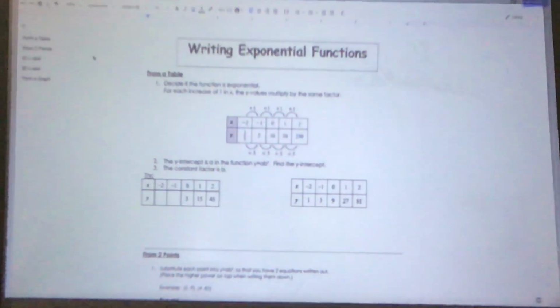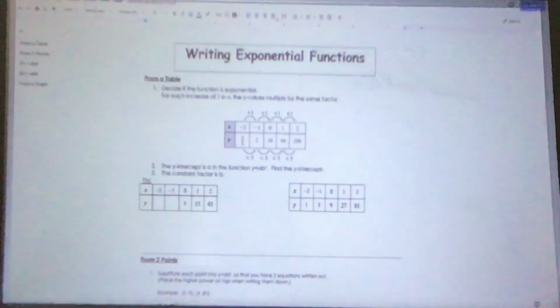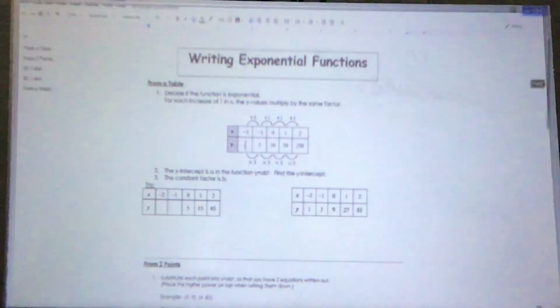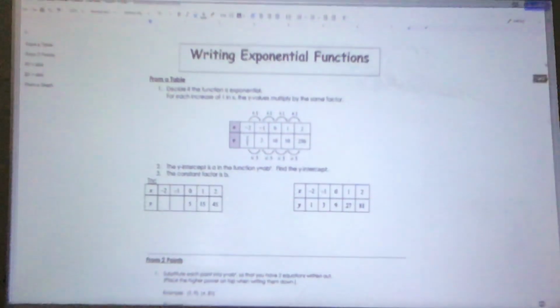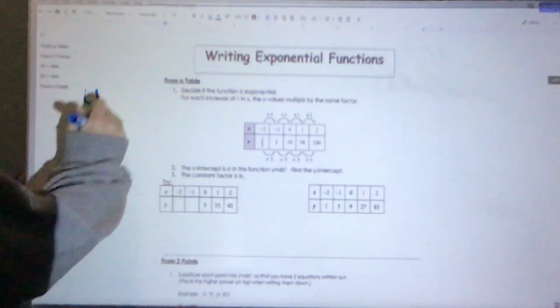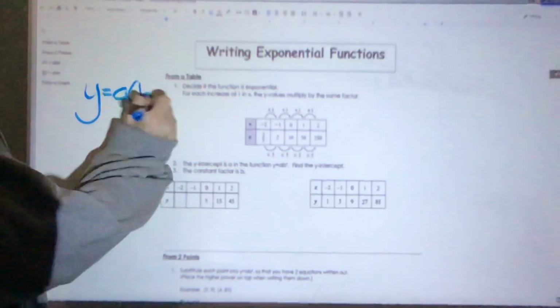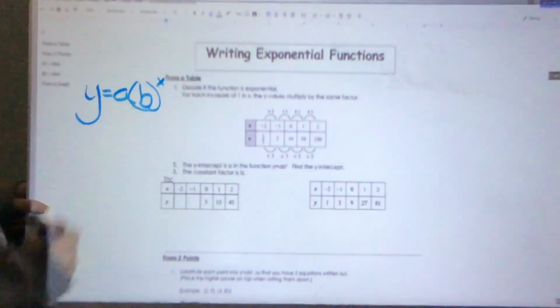So exponential functions you need to be able to write just like you could write linear equations in all different forms. You could write in standard form, slope-intercept form, point-slope form. We're going to be writing exponential functions in the form y equals a b to the x power.